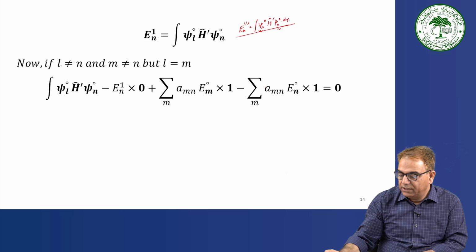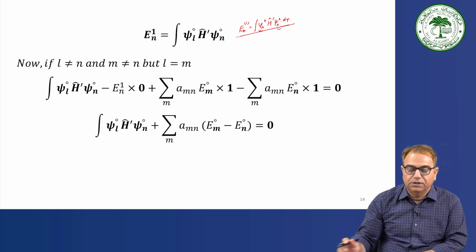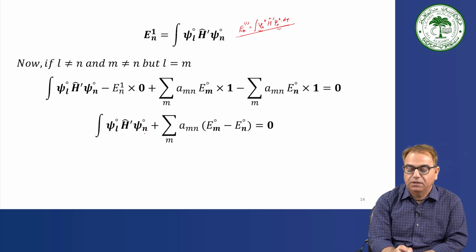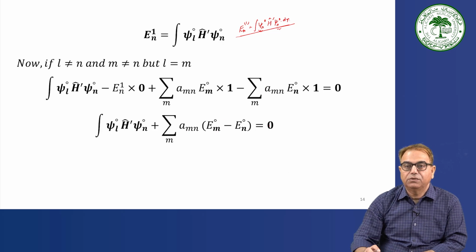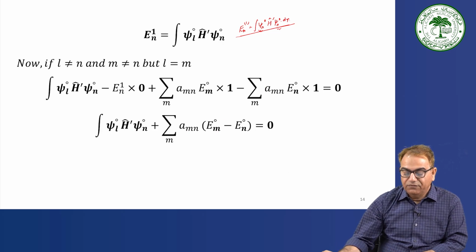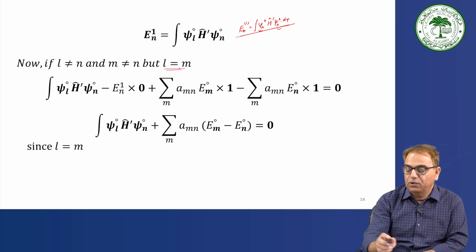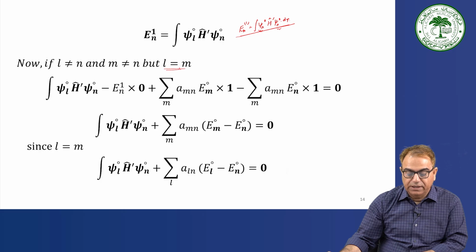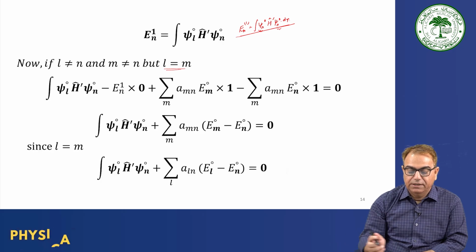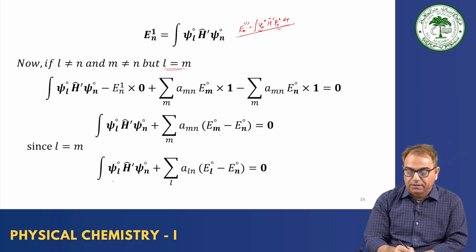So what do you get? You get this equation: psi L naught H prime psi N naught plus summation A M N (E M naught minus E N naught) is equal to 0. And from this, since L is equal to M, instead of M I have written L here.